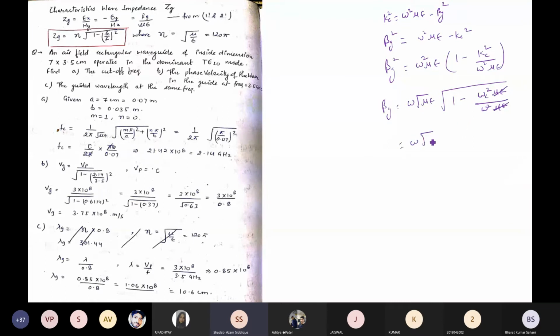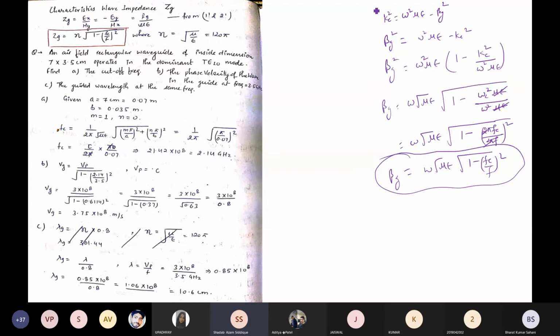So I write omega root under mu epsilon, and 1 minus (2 pi fc divided by 2 pi f) whole square, because it is omega c square divided by omega square, so something divided by something, whole square. The 2 pi gets cancelled. I write omega root under mu epsilon and root under 1 minus (fc by f) whole square. You should understand how we can find this.